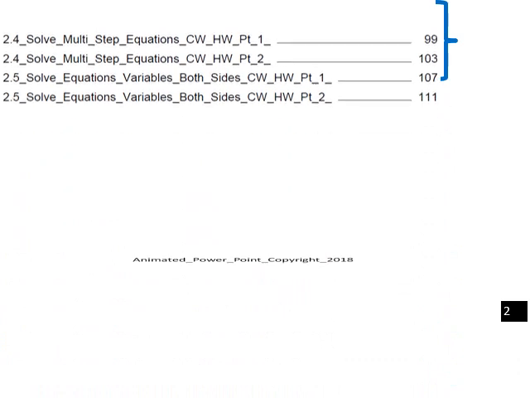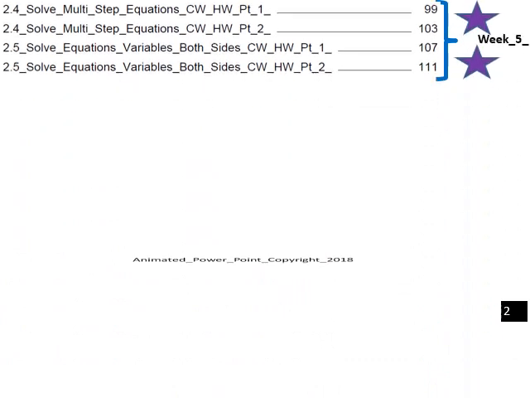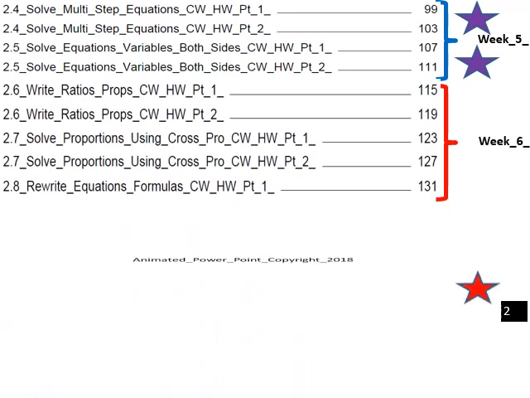And then week 5, we have 2 quizzes. Solving multi-step equations, and solve equations with variables on both sides. And then week 6, write ratios and proportions here, solve proportions using cross products, and then rewrite equations as formulas.